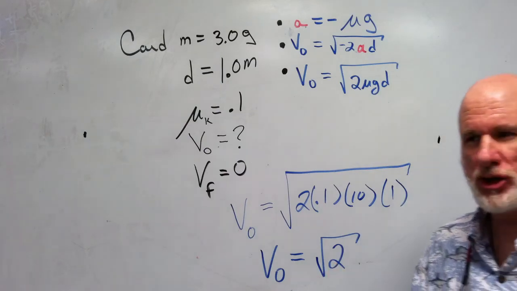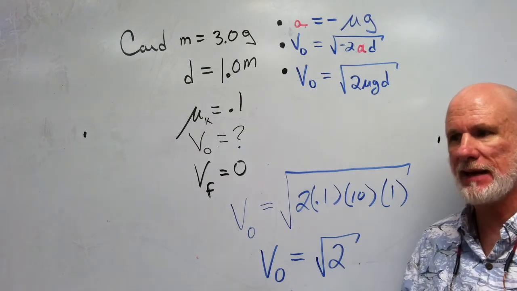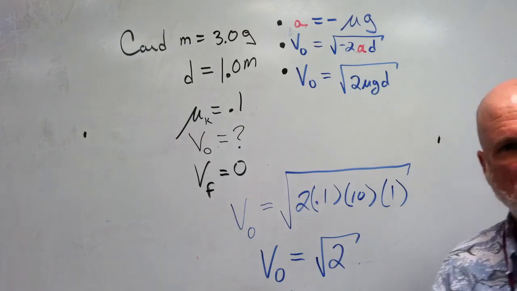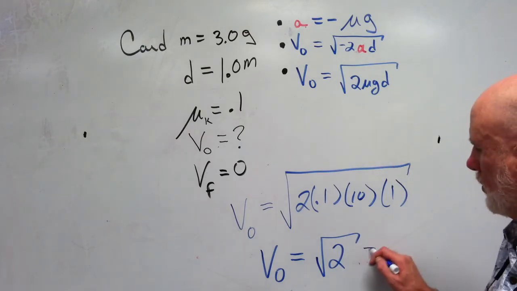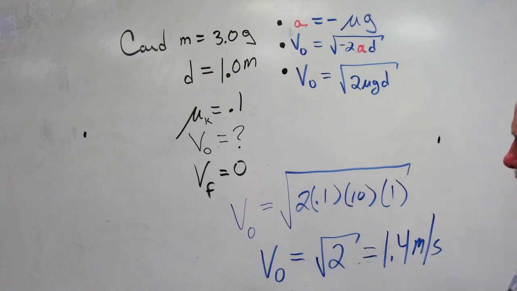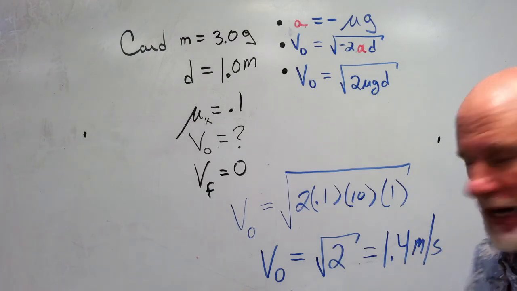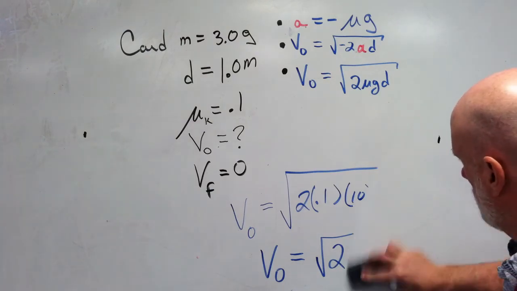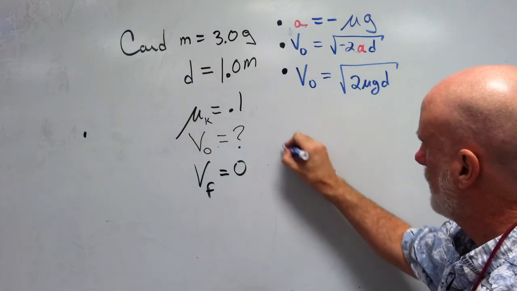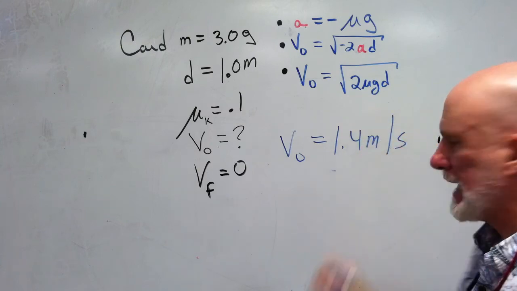Root 2. You should know all of your root prime numbers, let's say up to 31. Very helpful. That's going to be 1.4 meters per second. So that's the answer. Easy? So I'm going to say V naught equals 1.4 meters per second.